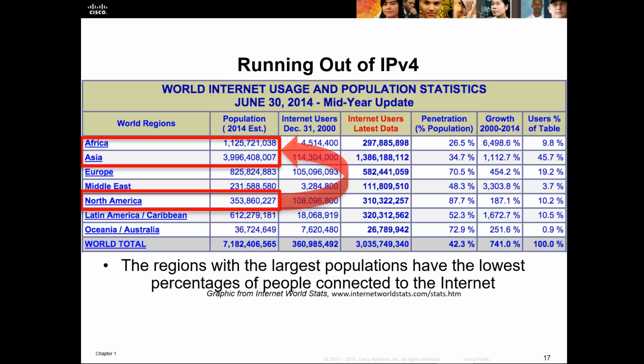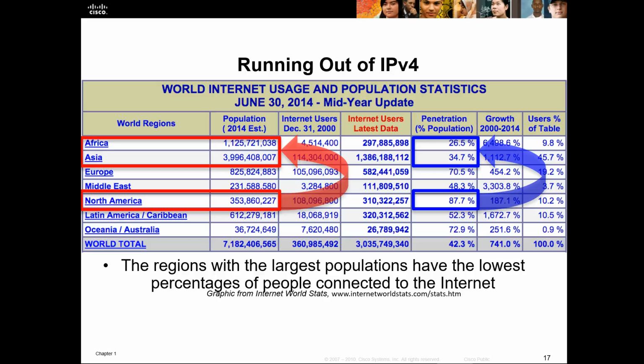Again, these numbers are from June of 2014, so do keep that in mind. The actual people on the internet in North America is 87-ish%. Compared to Asia and Africa, Africa at 26% and Asia with 34%. So the actual penetrated population percentage for internet usage for Asia and Africa is fairly low.